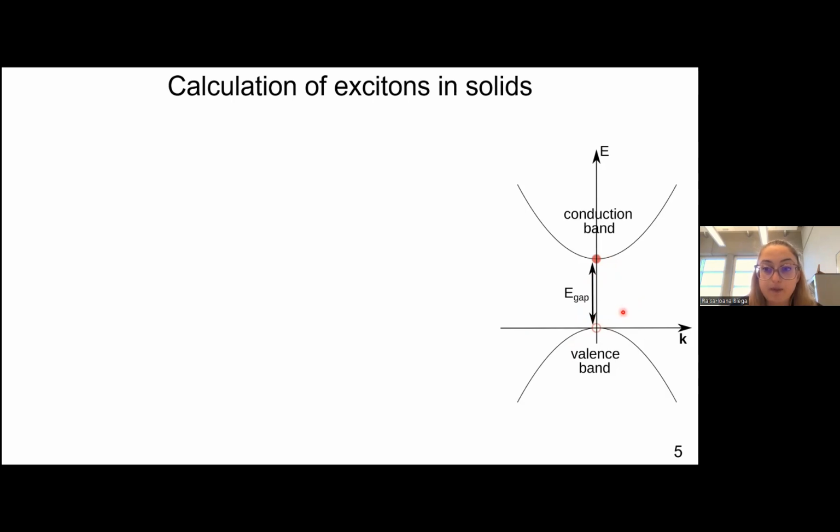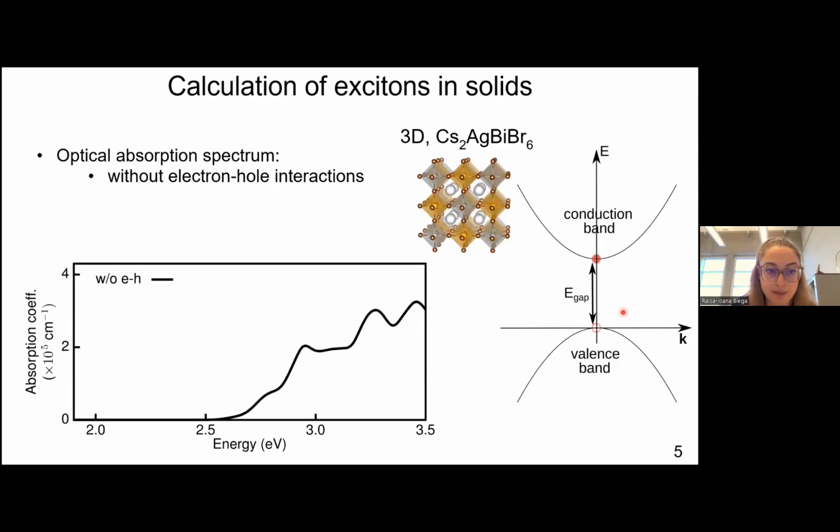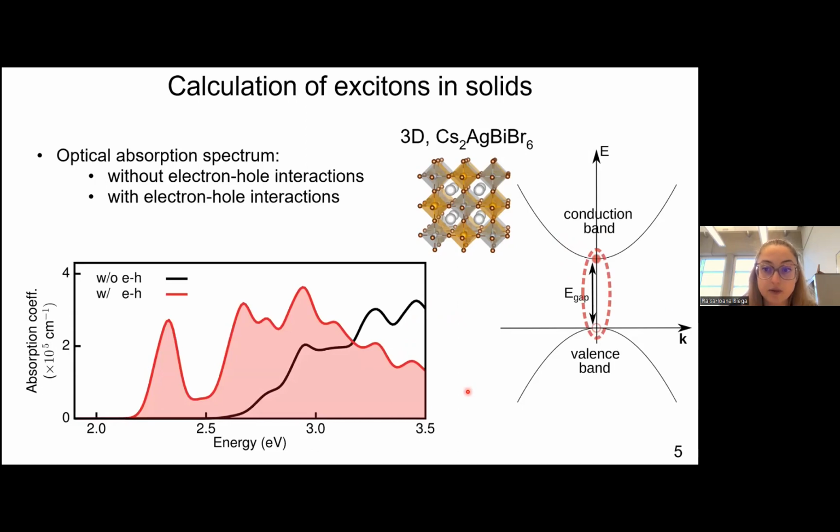And if we go back to the double perovskites and take as an example the silver bismuth double perovskite, and compute the absorption spectrum in this particular scenario, then we get the black curve that is represented here. So now we don't take into account any electron-hole interactions, but we can also do that. We can switch on those interactions, and then we get the red absorption spectrum.